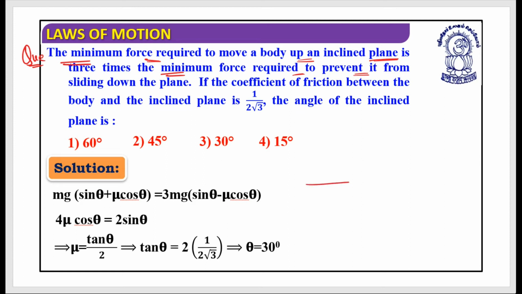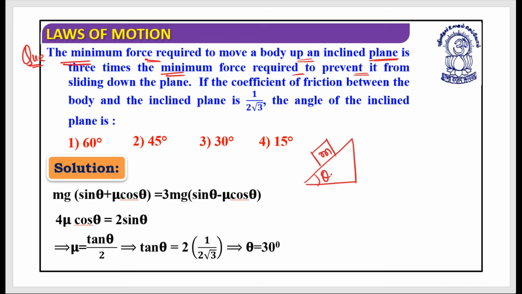Let's try to make a sketch of it. It's an incline with angle theta, and let's say this is the block M. First, they want the minimum force required to move a body up an inclined plane.